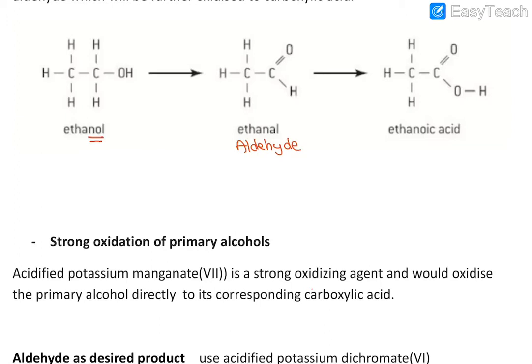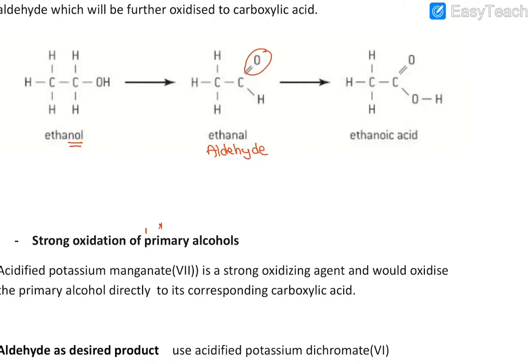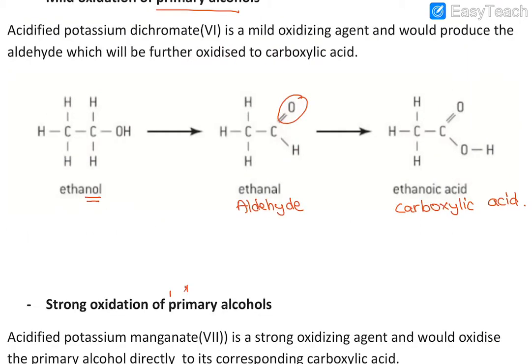This is the first step, where you have the formation of a C double bond O, the aldehyde. And this can be further oxidized to a carboxylic acid. So oxidation of a primary alcohol can occur in 2 steps.